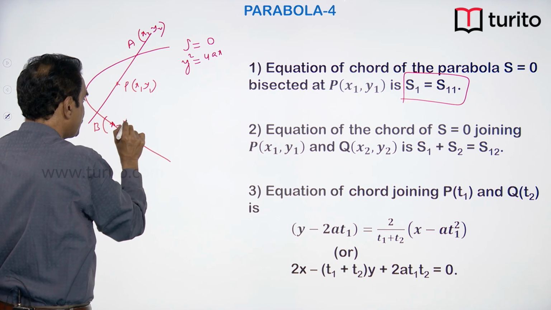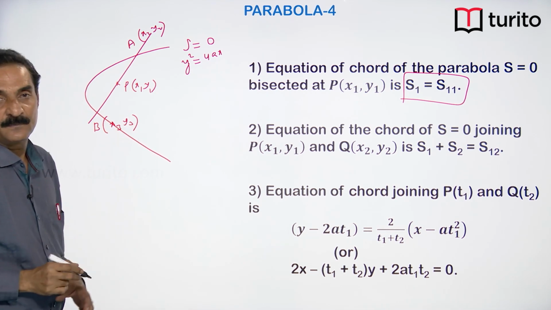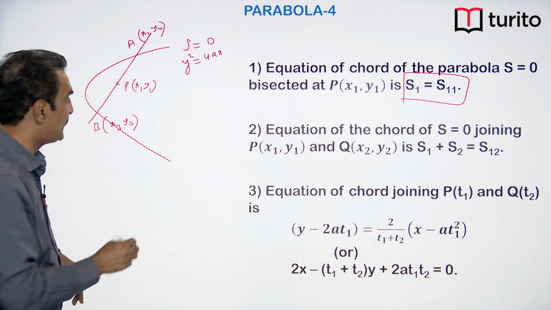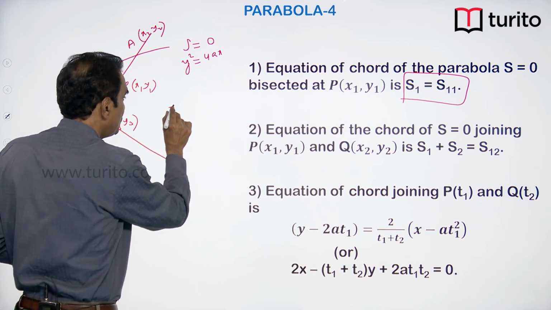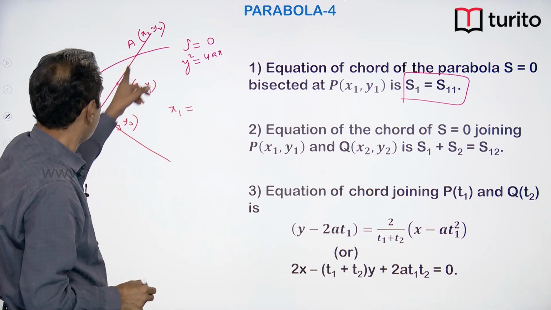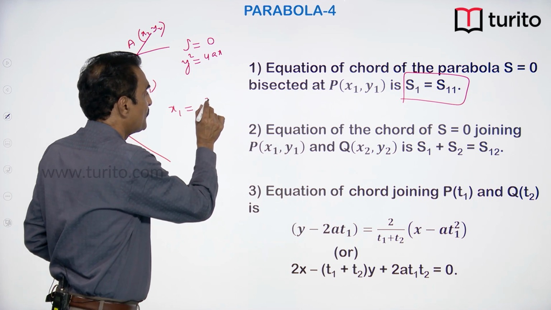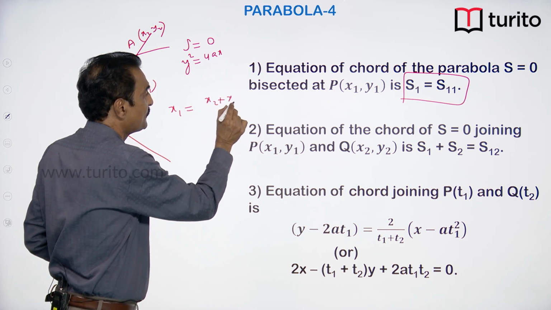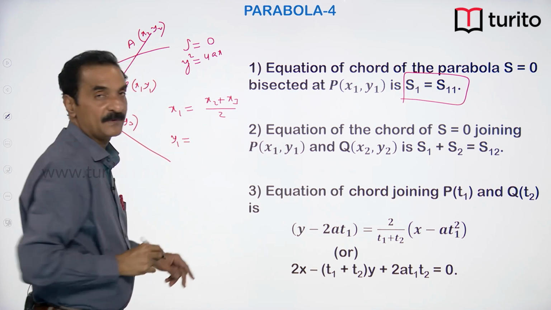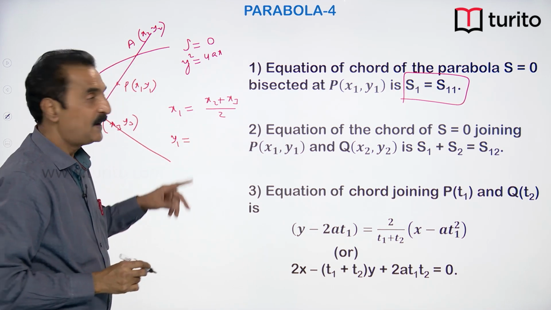Then if the midpoint of AB is (x1, y1), we have x1 = (x2 + x3)/2 and y1 = (y2 + y3)/2.